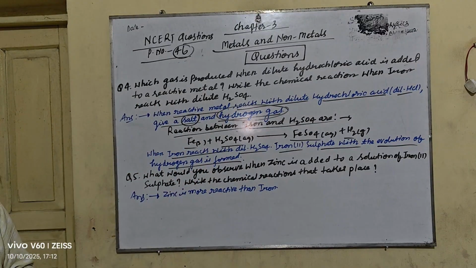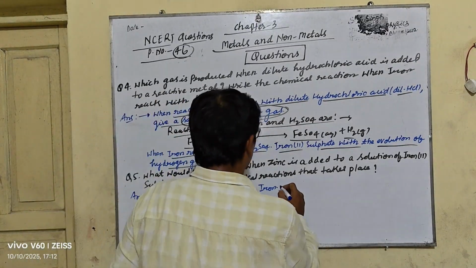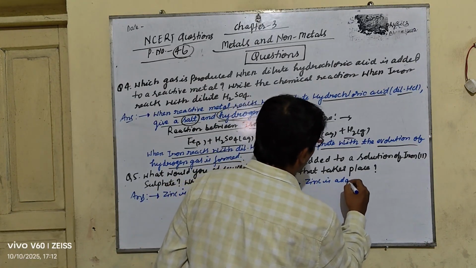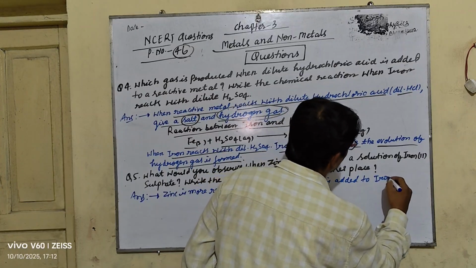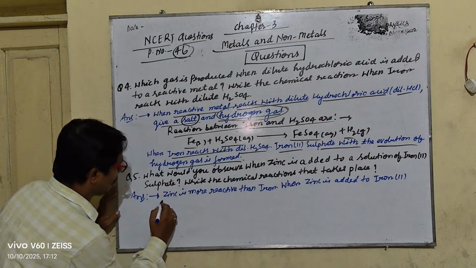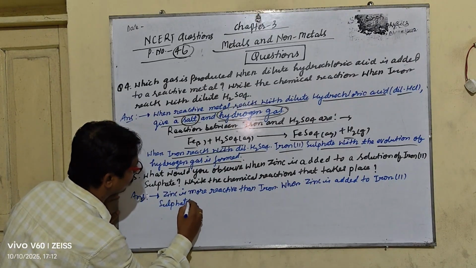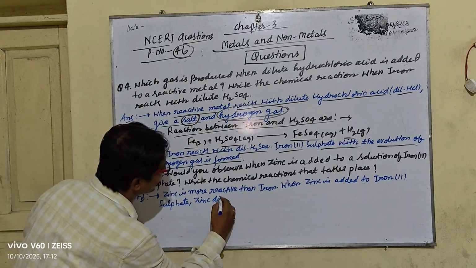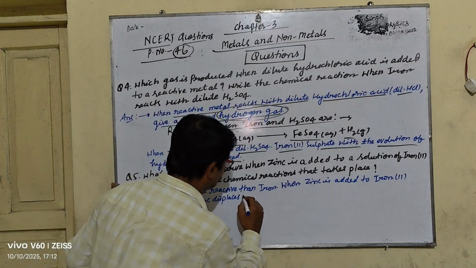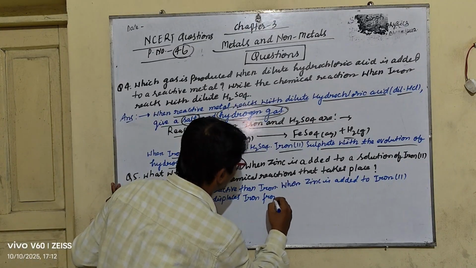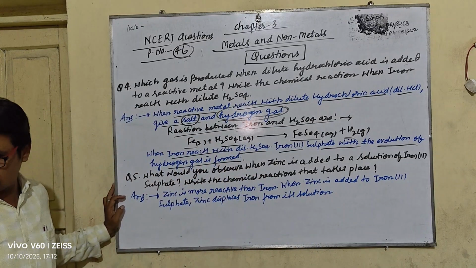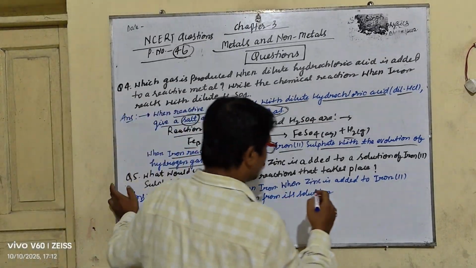Zinc is more reactive than iron, so when zinc is added to iron 2 sulfate, zinc displaces iron from its solution, and zinc sulfate is formed.